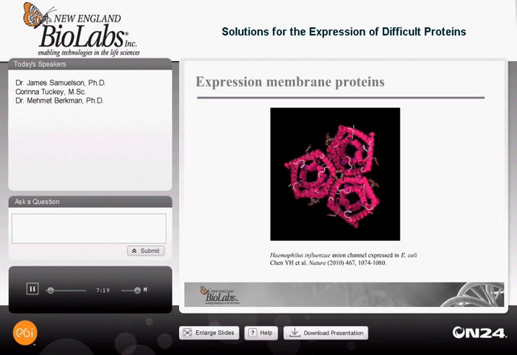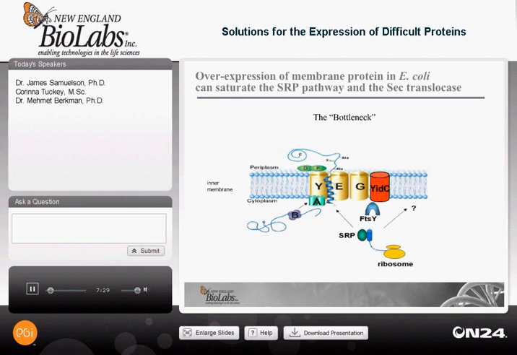The LEMO21 strain is also especially useful for the expression of membrane proteins. In E. coli, alpha helical membrane proteins get inserted into the inner membrane by the SecYEG translocase, shown here in this slide. In addition, most periplasmic and outer membrane proteins travel through these same protein-conducting channels.